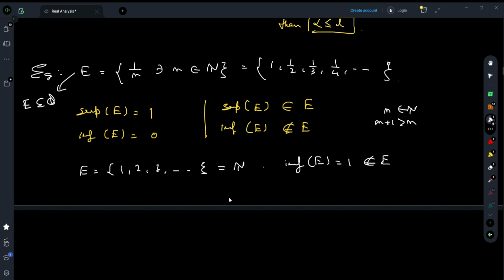Because in a pretty simple sense, if you fix some n in the naturals, then n plus 1 is greater than n. So whatever number you take from the set of naturals, you will always get a number greater than that. So it is not bounded above. It has no upper bound, and no least upper bound as well. Clear? In a similar sense, you can also create a set which is not bounded below but bounded above. Got it? Clear?